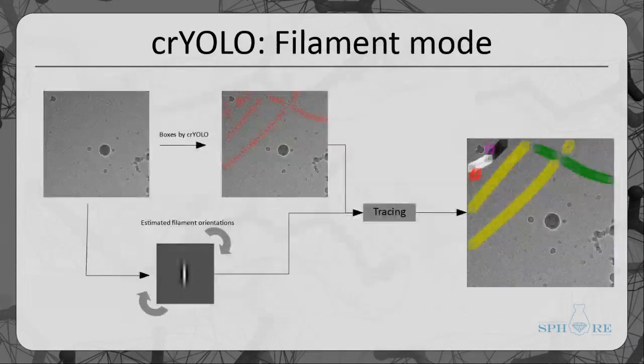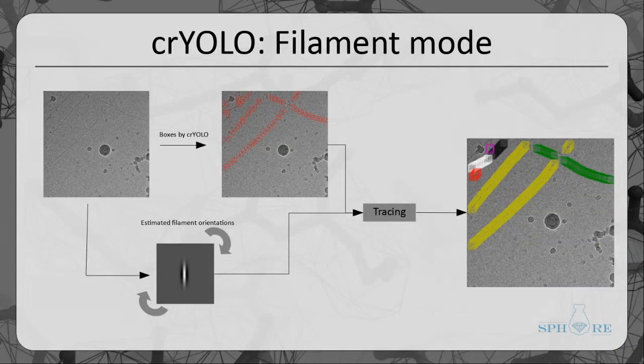Good. The last feature that I would like to mention here is the filament mode. In principle, it works very similarly to training for a single particle. You need different training data.